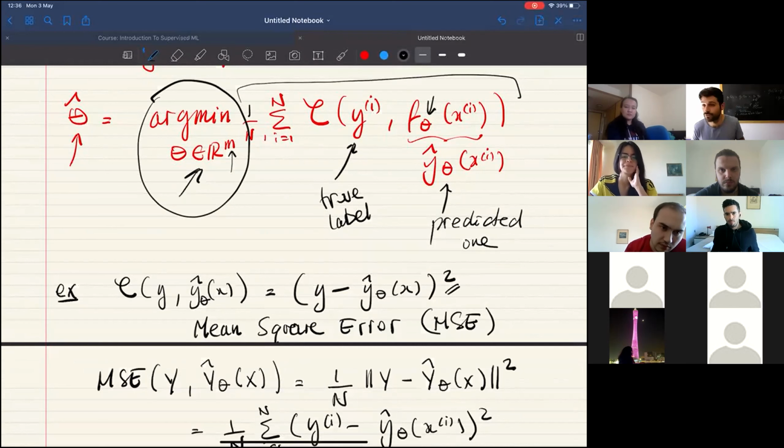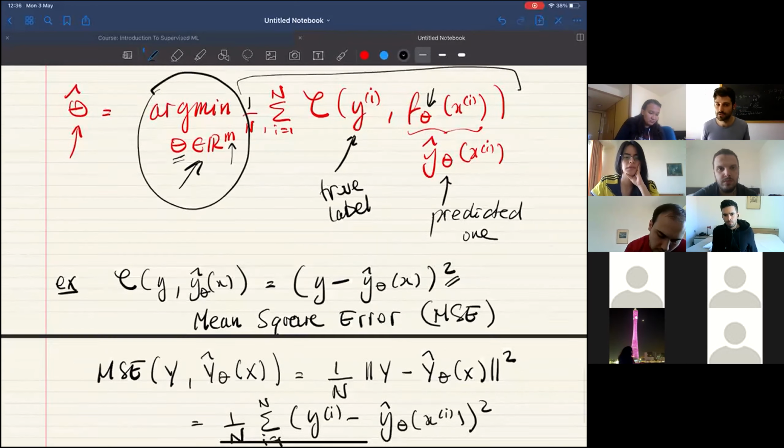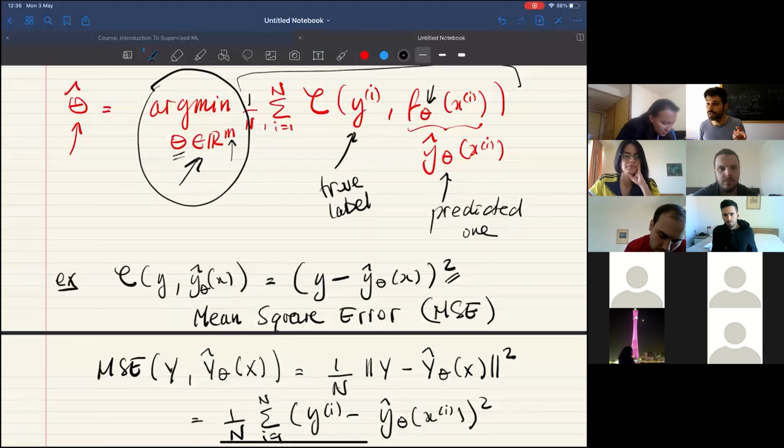And so how do we find minimizers? When we don't have any convexity, when we don't know anything about the function, we just look for extrema, which means points, and by points here, I mean vectors theta, such that the gradient of this function cancels, right? And so you see that if you take the gradient of a mean square error, you have a square.